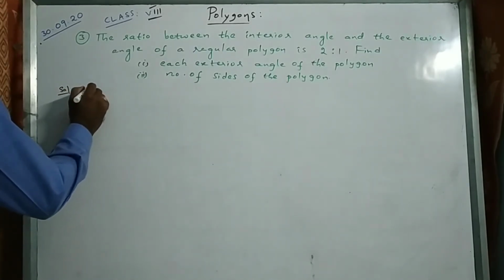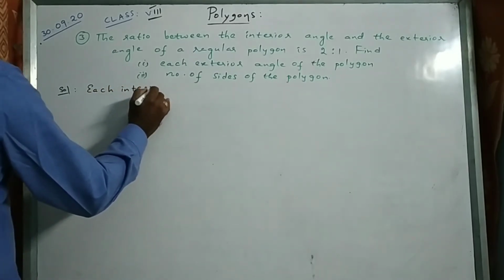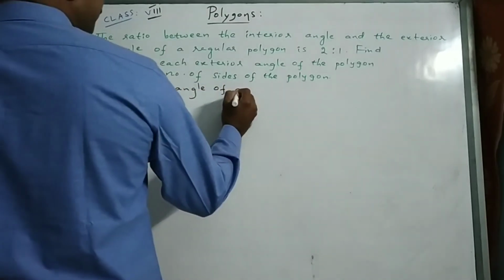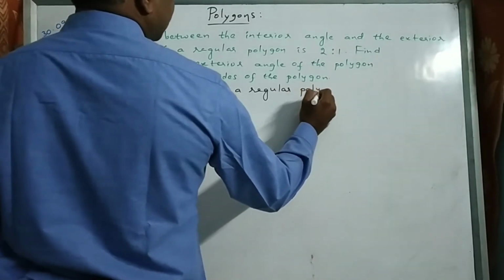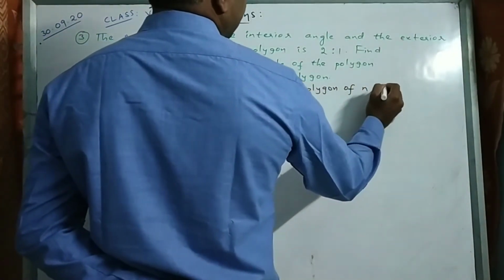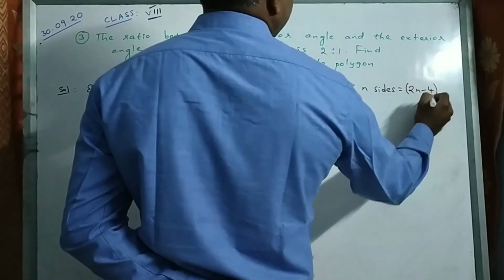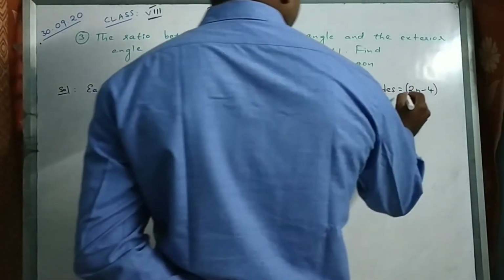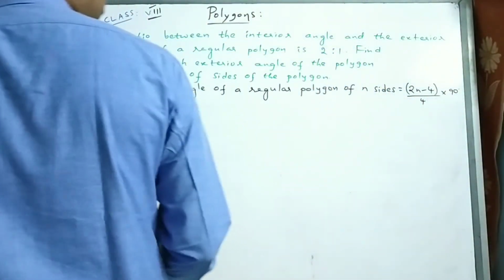So each interior angle of a regular polygon of n sides equal to (2n minus 4) by n into 90 degrees.